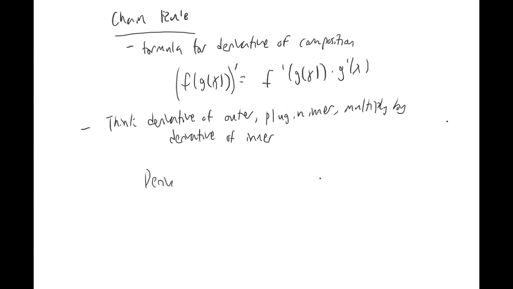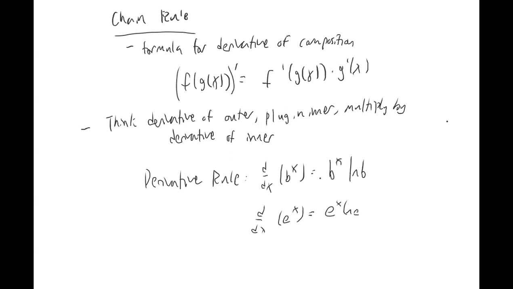And then let me just say there's an extra derivative rule. I forgot to say this before, but we know the derivative of e to the x is e to the x. It turns out in general, it's b to the x ln b, right? So no, this doesn't contradict this, right? Because here, this is e to the x ln e.